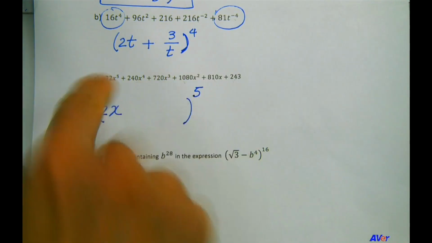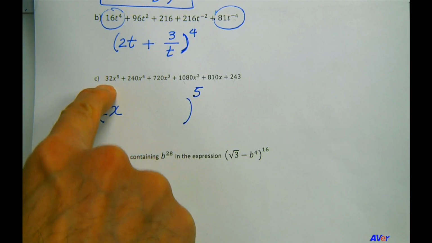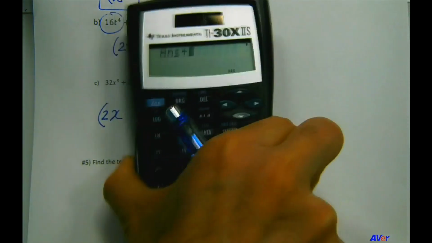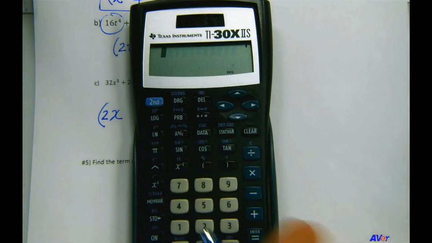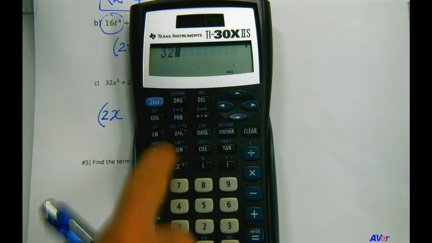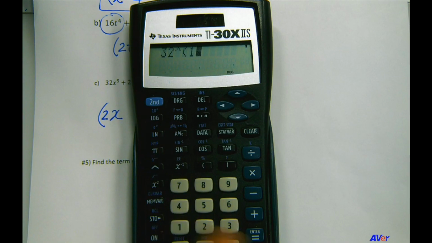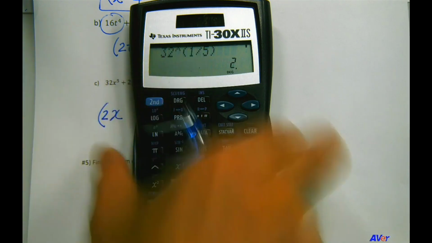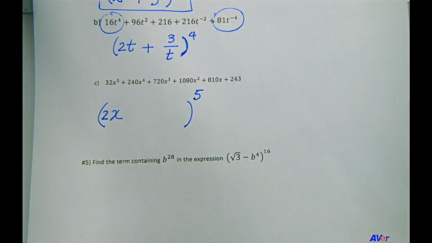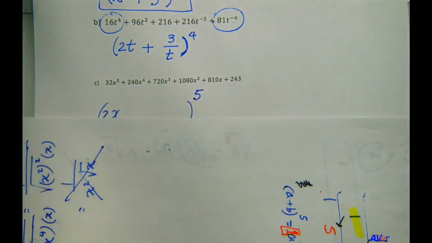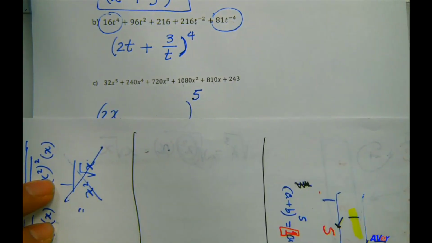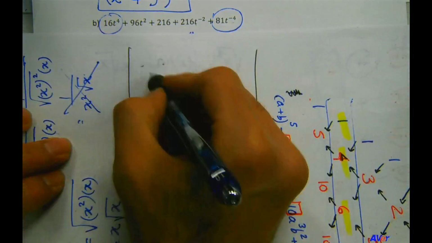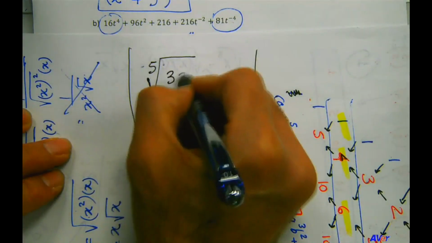If you don't know it, you take the 5th root of 32. To take the 5th root of 32 in my calculator, you have to raise it to 1 over 5 power. So 32 raised to 1 over 5. Right? 2. If you don't know what's going on here, let me explain. And I'll use this scratch paper again. You want to find out the 5th root of 32, right?